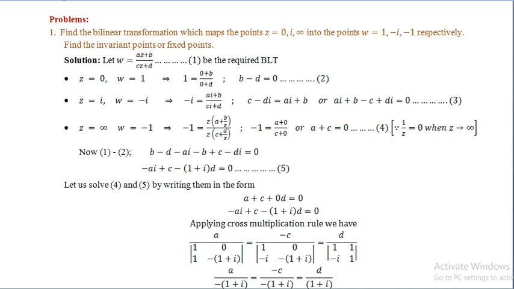Minus I into CI is minus CI square, and in complex numbers we know that I square is minus 1, so minus into minus gives plus, that is C. Then minus I into D is minus ID, which is equal to AI plus B. Now shifting C minus DI to the right hand side, it becomes AI plus B minus C plus DI, which is equal to 0.